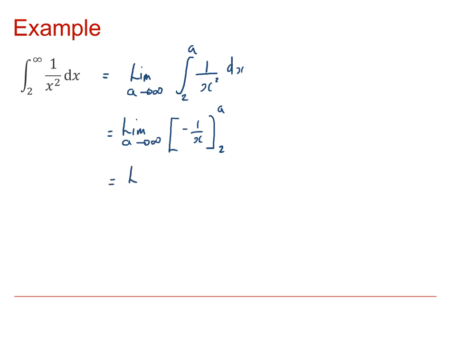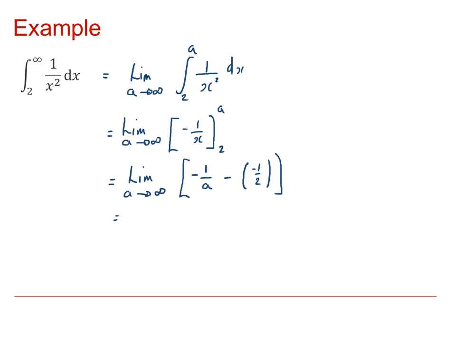So this will be the limit as a approaches infinity, and if we now put in our values, the top one, a, gives us -1 over a, and the second one gives us minus -1 over 2.